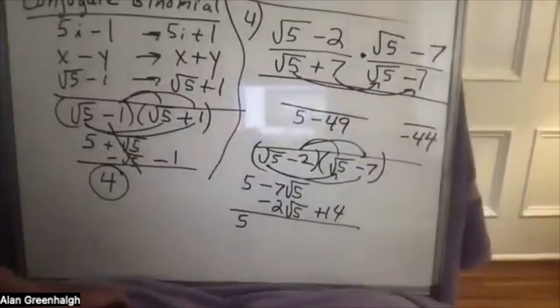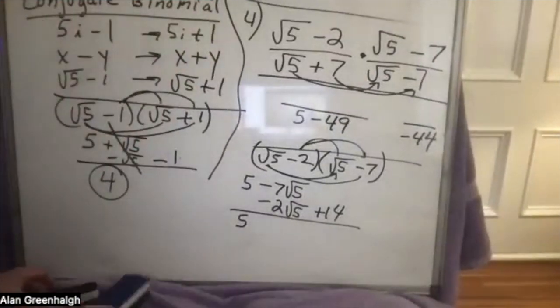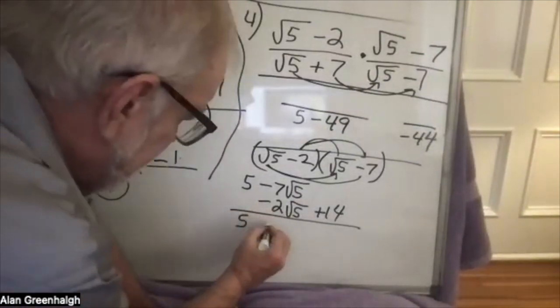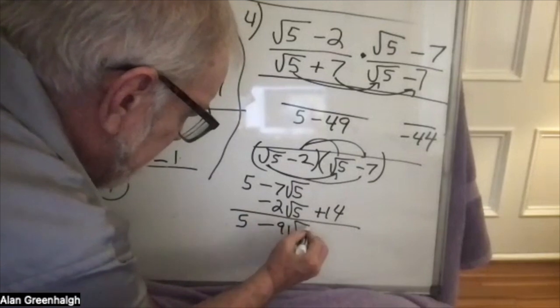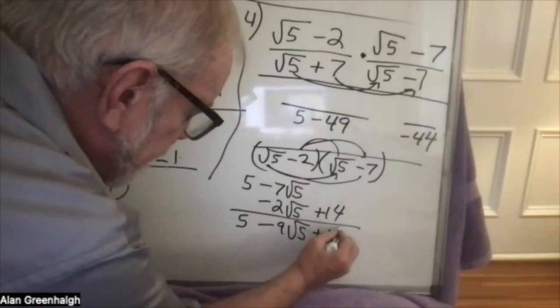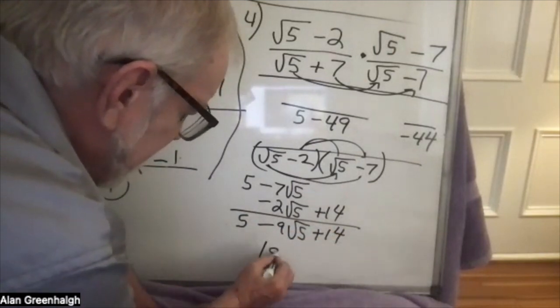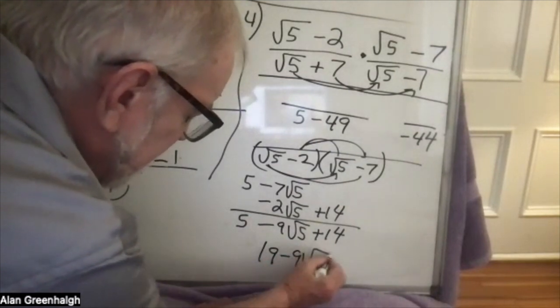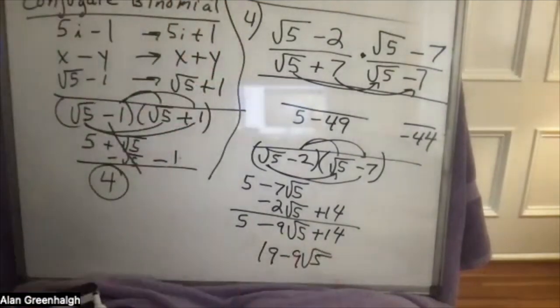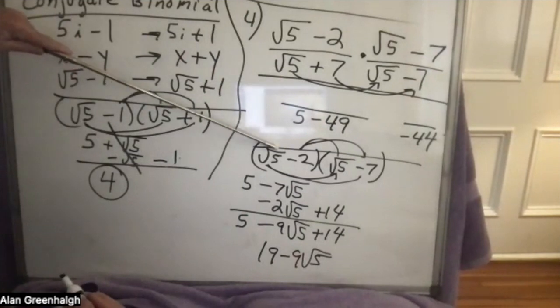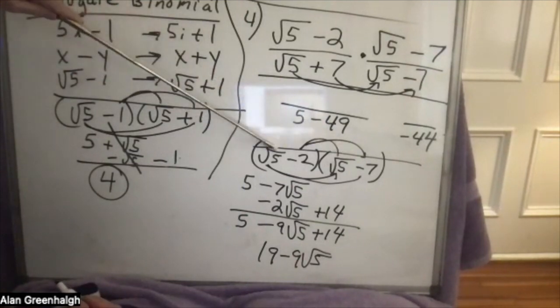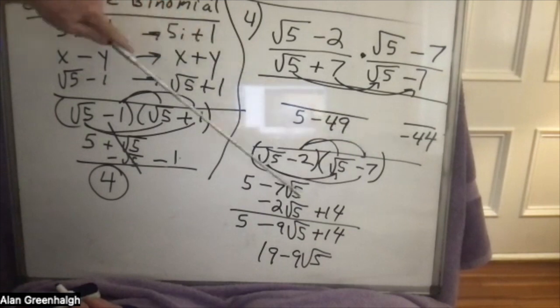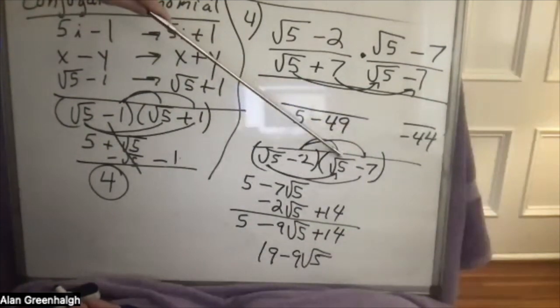So we get 5 minus 9 times the square root of 5 plus 14, or 19 minus 9 times the square root of 5. Let me make sure I have that right. This is a 5. This is a negative 7 times the square root of 5. This is negative 2.